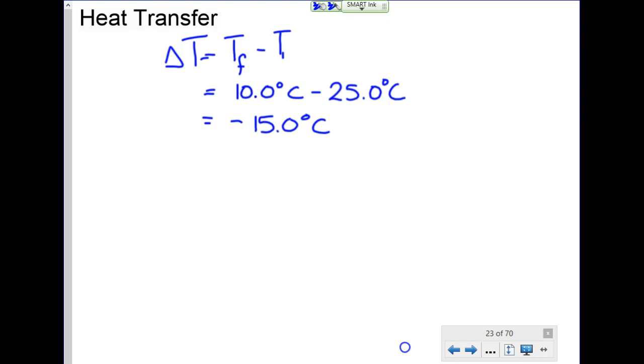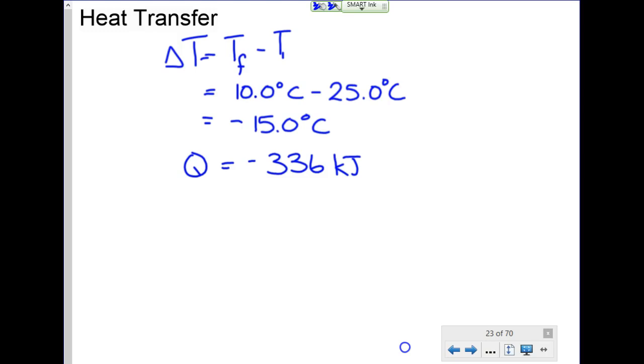It's a Q. Since the question says that it releases heat, I must add a negative sign to this. The reason is heat is leaving the statue. Anytime we have heat being released, that's always going to be a negative Q.